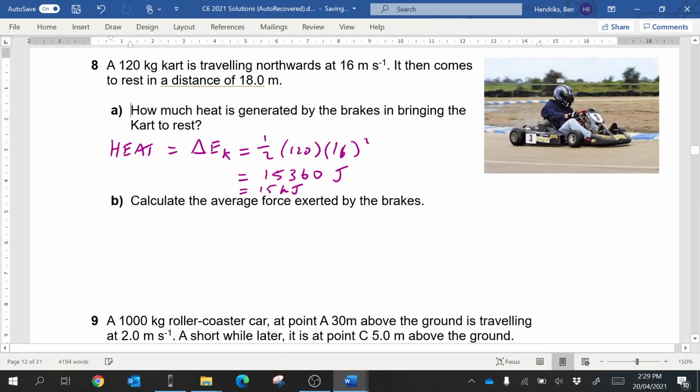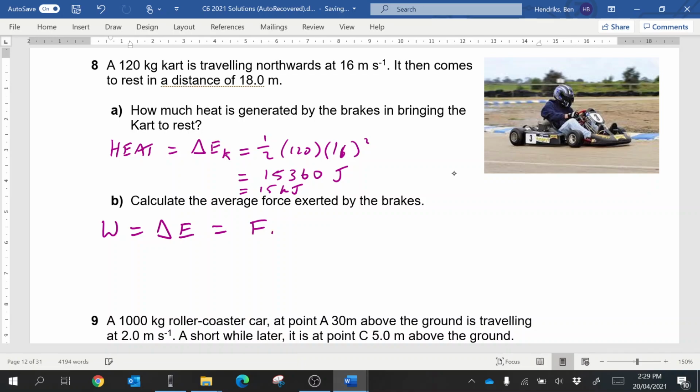Okay, so we can remember that work is equal to change in energy, which is equal to the force times the distance. Work is equal to force times distance. It's also equal to change in energy. So that means that our 15,360 joules is equal to the force times 18 metres.